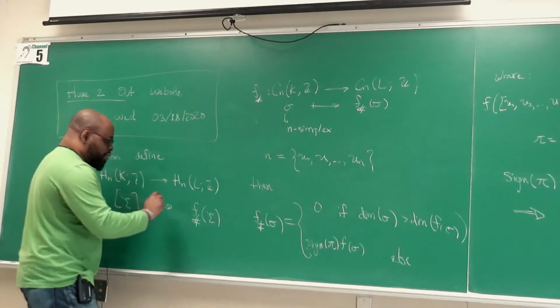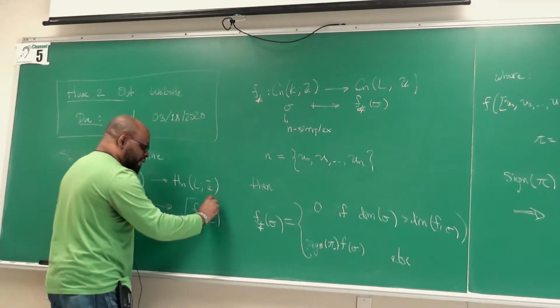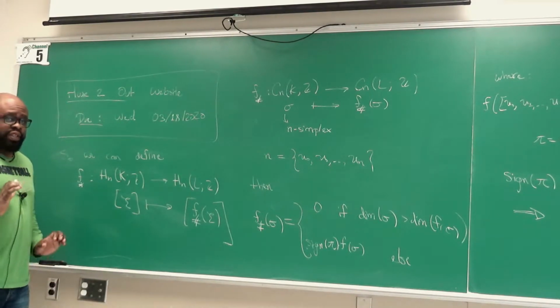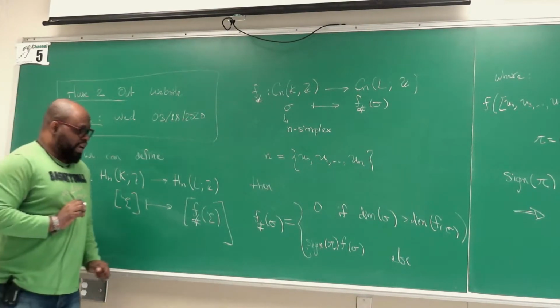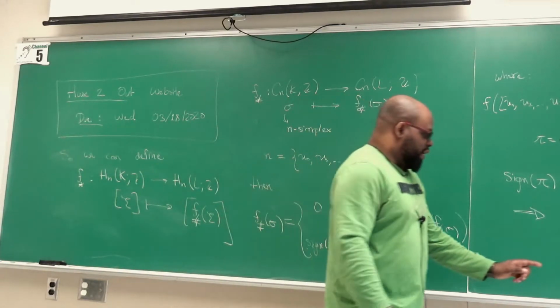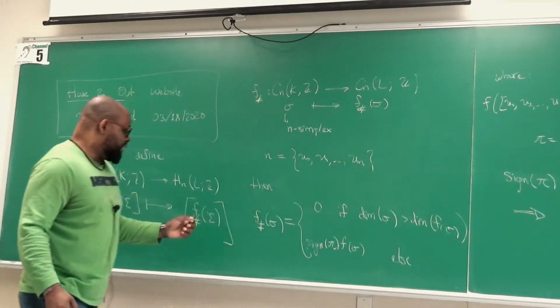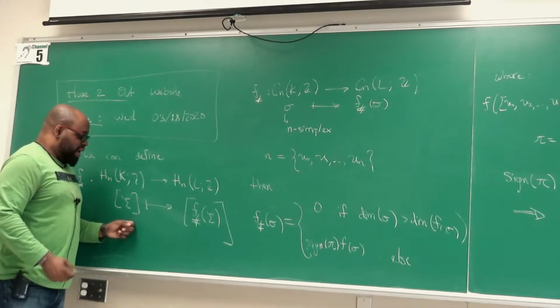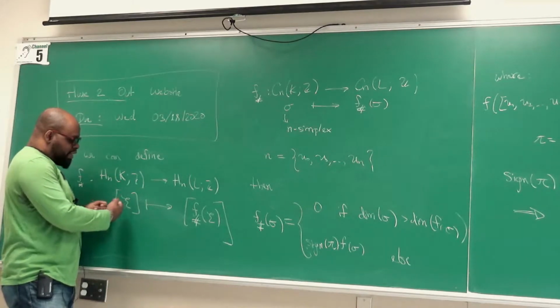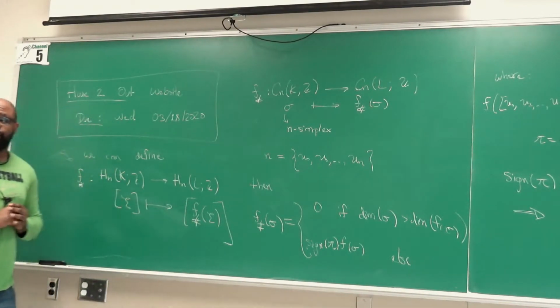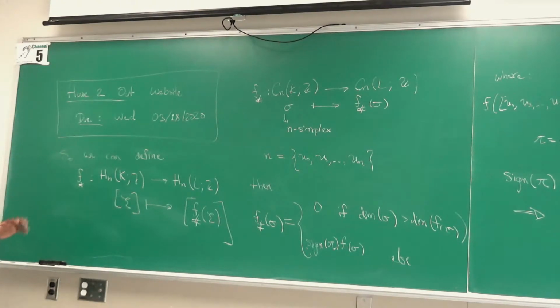And then the second thing we do is we take the homology class of this new cycle. That's it. And the second fact, that boundaries go to boundaries, tells you that this is well defined. That if you pick another representative of this class, you're going to get the same class in here. Okay. So that's essentially what we did before the break.